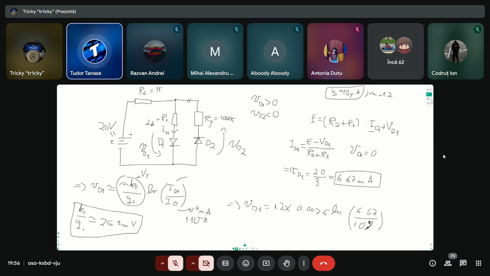Da, e un 0 în plus acolo la 0,025. Gen, trebuie să fie 0,025, nu 0,0025. Care asta de aici? Da, da. Deci cât avem? 25,9 milivolți? Da, am văzut, aveți dreptate. Vine doar 0,025. Ok.